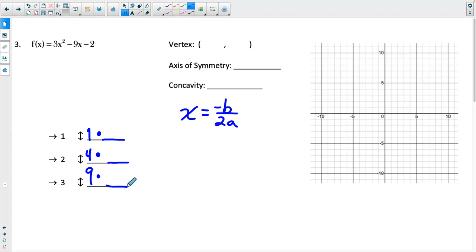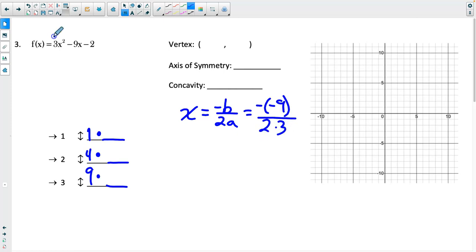So you should be getting kind of a weird decimal there, or a fraction, for the axis of symmetry. So I saw in a lot of people's paper that they had -9, and then 2 times 3.